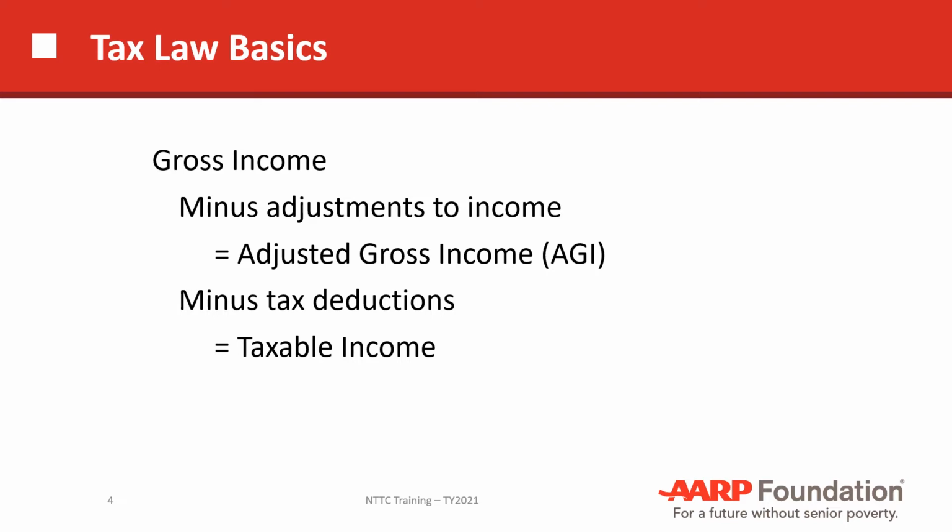Then if you subtract out the tax deductions, which could be either itemized deductions or standard deductions, you'll come up with the taxable income. So that's simplifying as much as possible the tax calculations.